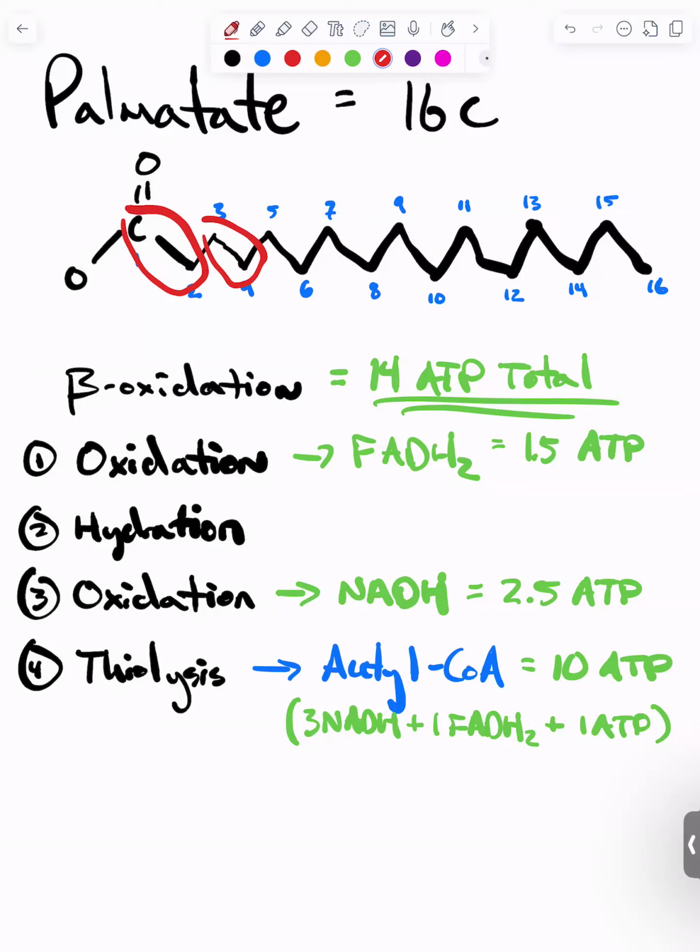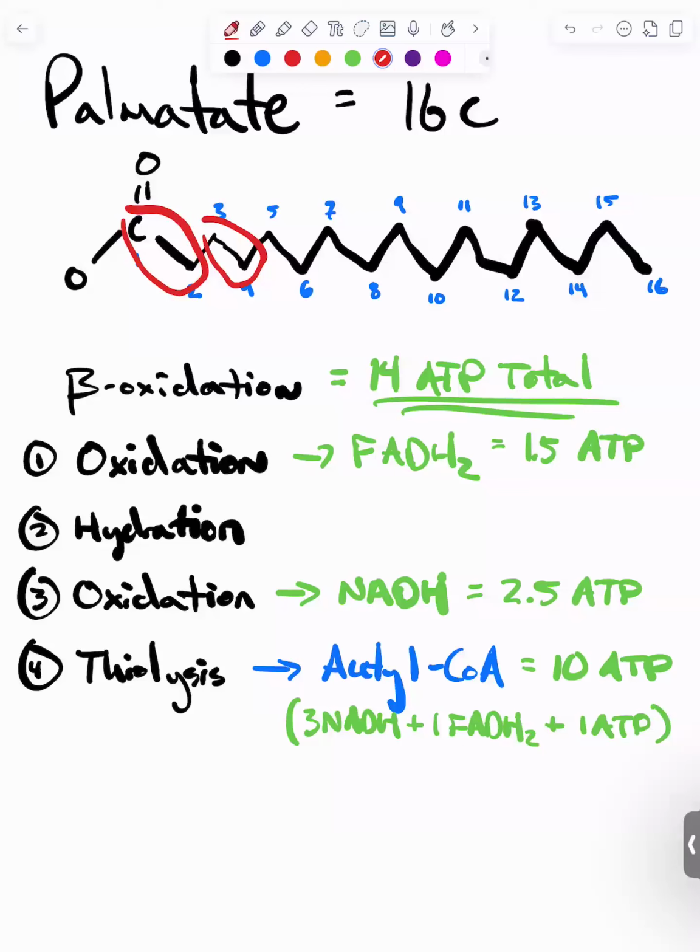And so when we have this, what we have is a coenzyme A. Remember, we have to attach coenzyme A, bring it to the mitochondria, attach to carnitine, move it into the mitochondria, reattach to coenzyme A. So we're not really just breaking apart palmitate, we're breaking apart palmitate with coenzyme A. And so a new coenzyme A comes in and breaks those two carbons off.